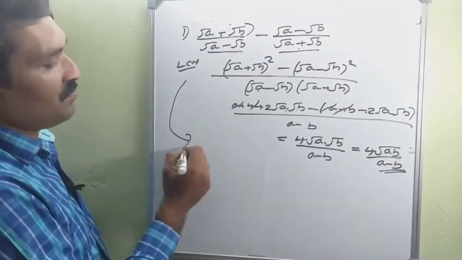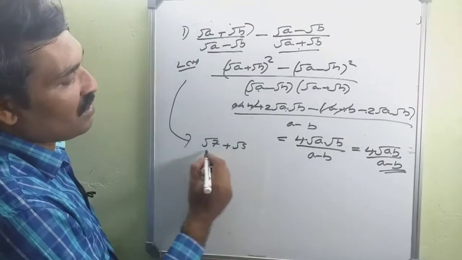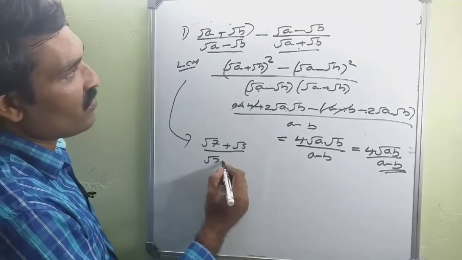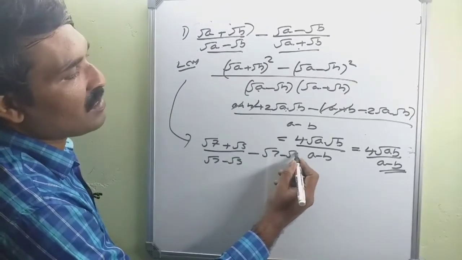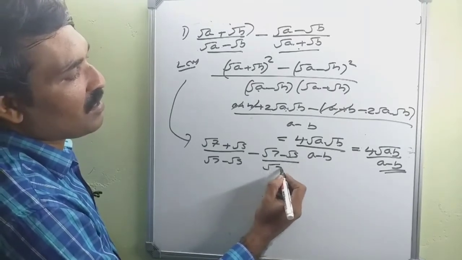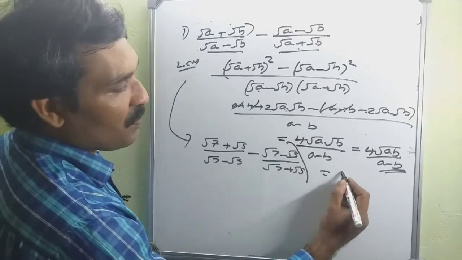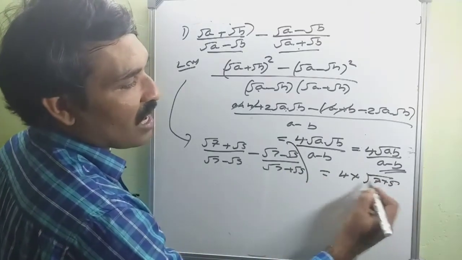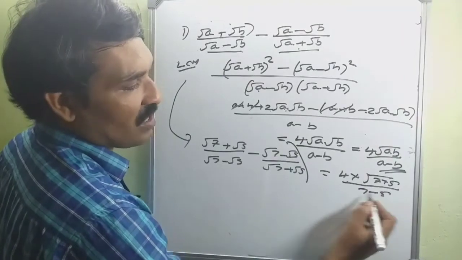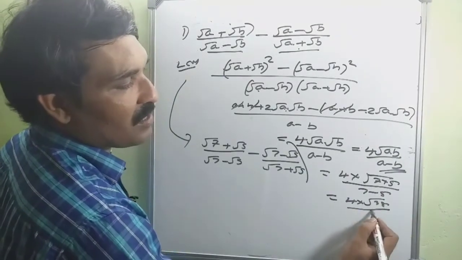For example, root 7 plus root 5 divided by root 7 minus root 5, minus root 7 minus root 5 divided by root 7 plus root 5. Here that is equal to 4 into root of 7 into 5 divided by 7 minus 5. That is equal to 4 into root 35 divided by 2.